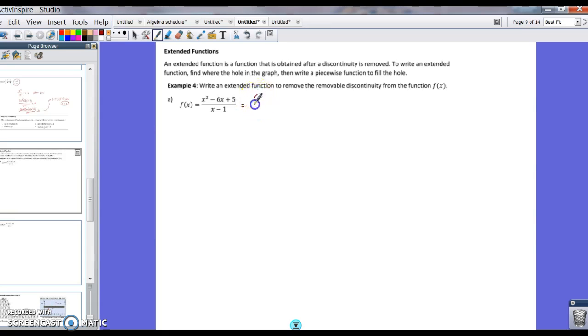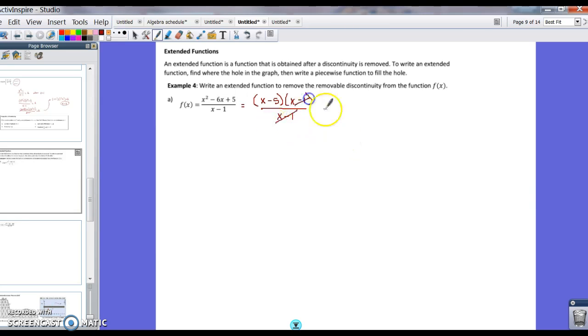If I factor the top, I end up with x minus 5 and x minus 1 over x minus 1. Okay, so clearly I can cancel the x minus 1 factors, and that means that there would be a hole at 1, right? Because normally there would have been a vertical asymptote at 1, but because I can cancel the factors, that now gives me a hole at 1.